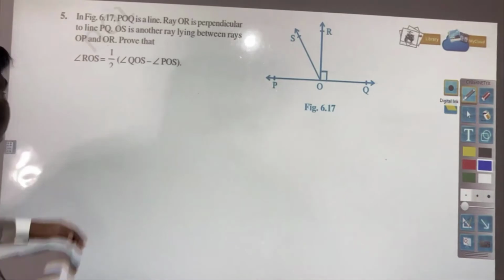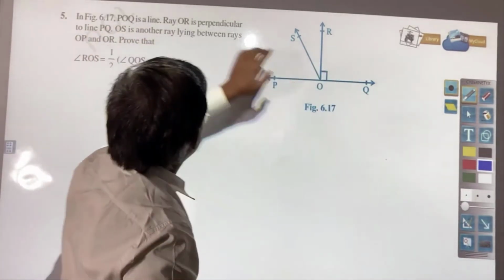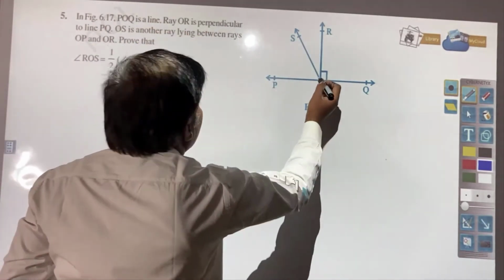Here it is. POQ is a line. Ray OR is perpendicular to line PQ.